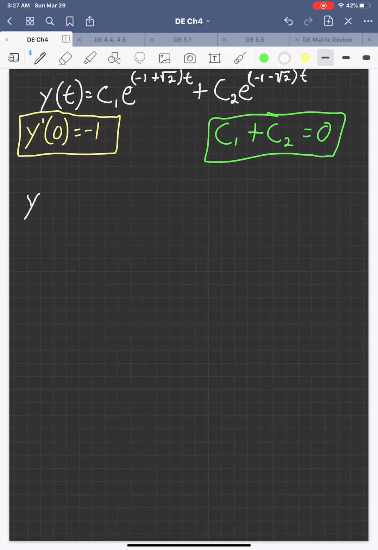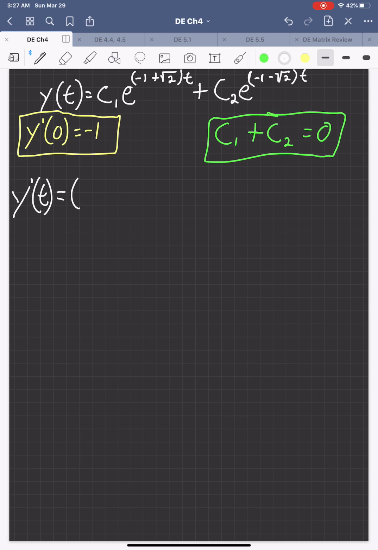So y prime of t, and I'm going to try my best to write small enough but have enough space. Are you ready? So this is what the derivative of y would look like.